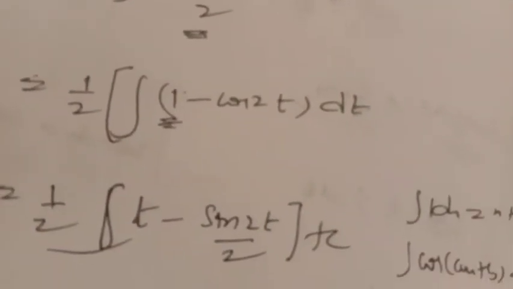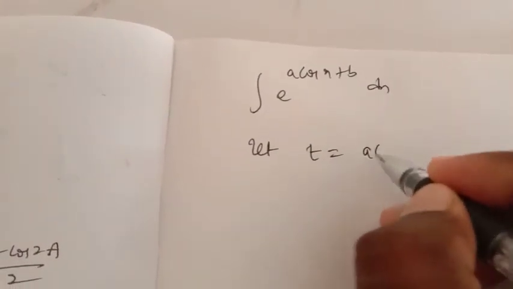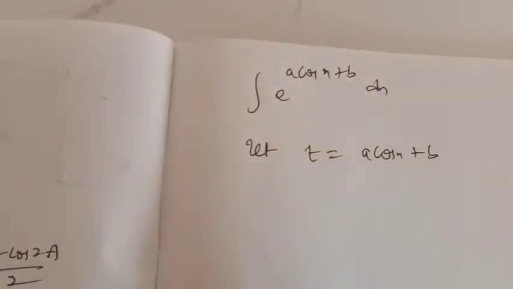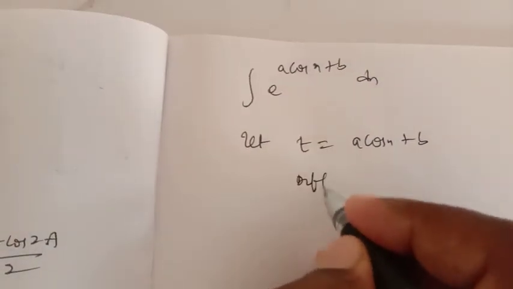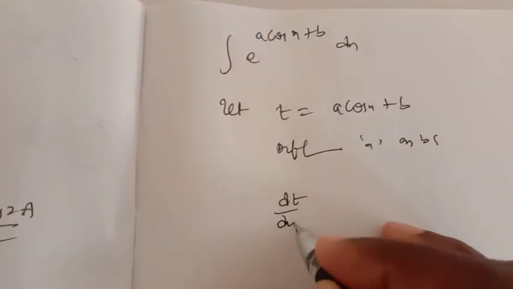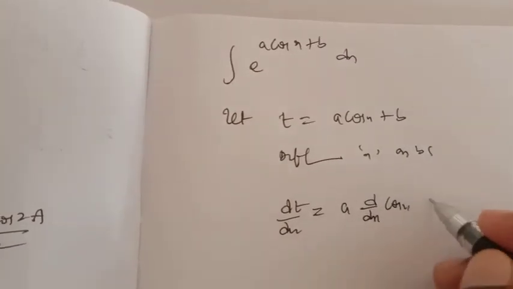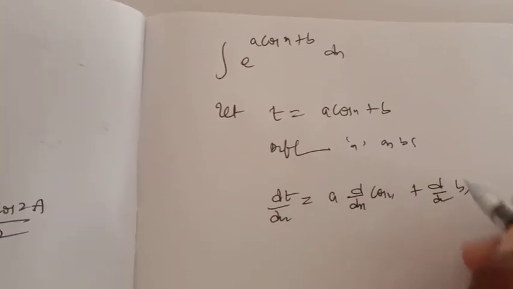Next problem, integral e power (a cos x plus b) into sin x dx. Let t equal to a cos x plus b. Then differentiating with respect to x on both sides, we get dt by dx equal to a, the constant term, into d by dx of cos x plus d by dx of b.